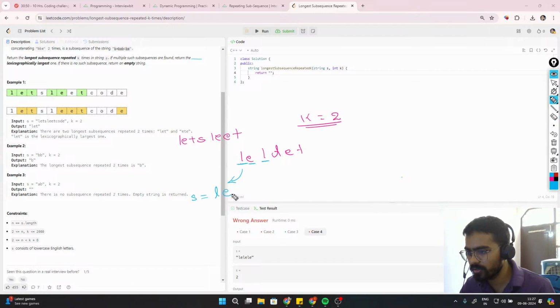If we are picking this LE, I need to find another subsequence after this which also has LE. So I need to compare this index with L. It matches, so I'll move my index over here and go to the next. Are they matching? No, they are not matching, so I'll not pick this. Are they matching? Yes, they are matching. So one of the possible answers is LE.